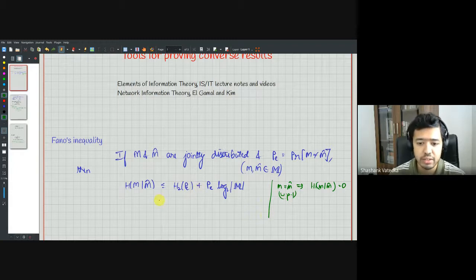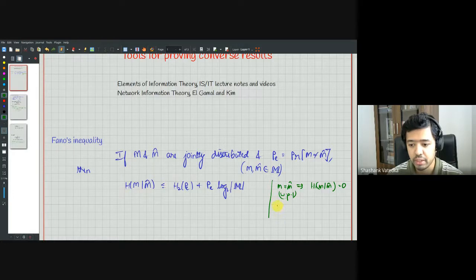And in that case, of course, the probability of error is also equal to 0. So that's indeed what we would expect, because if PE equal to 0, then this quantity is 0. The second term is also equal to 0. So definitely that is what we would expect.